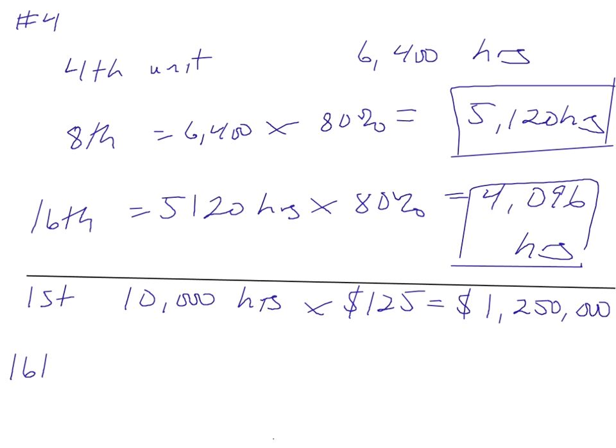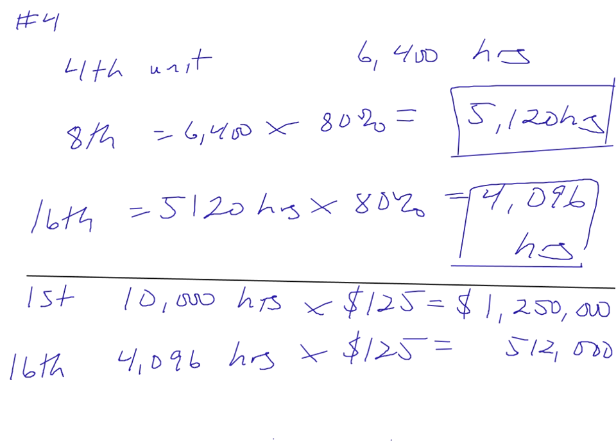The 16th unit was 4,096 hours. It still cost $125 an hour, and that gives us $512,000. So that's quite a drop here. The 16th unit costs less than half of what it costs to produce that 1st unit.